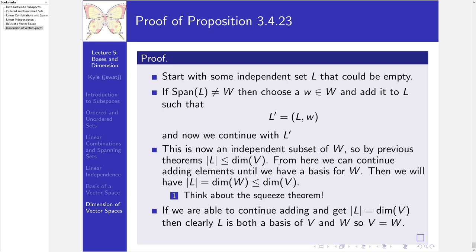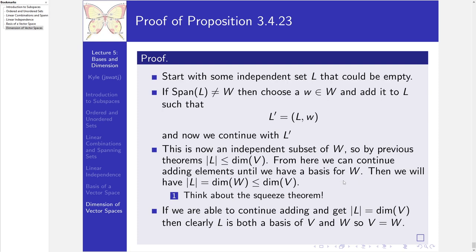And then from here, we can continue adding elements until we have a basis. And then eventually we will have a basis for W, which is less than the dimension of V. I think I wrote, think about the squeeze theorem for this question.